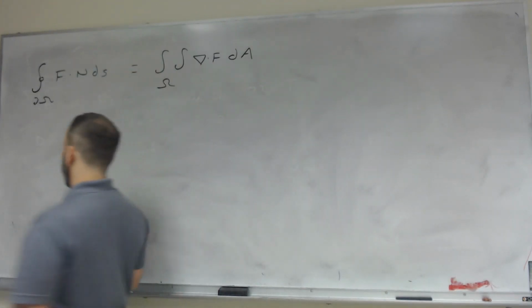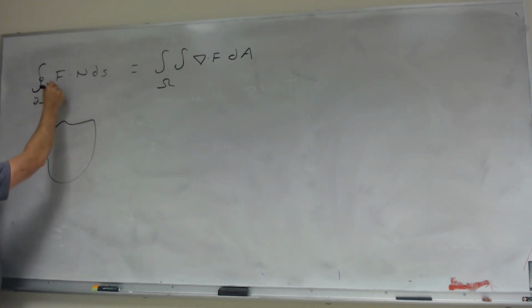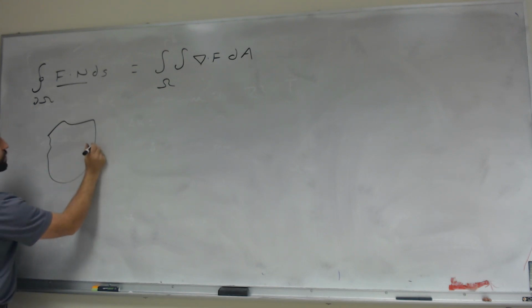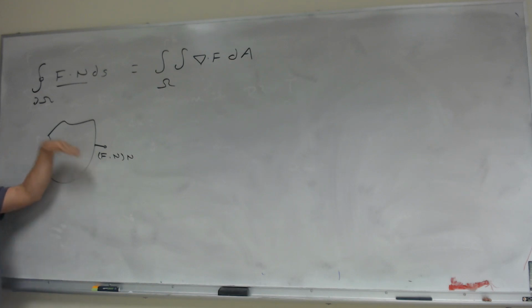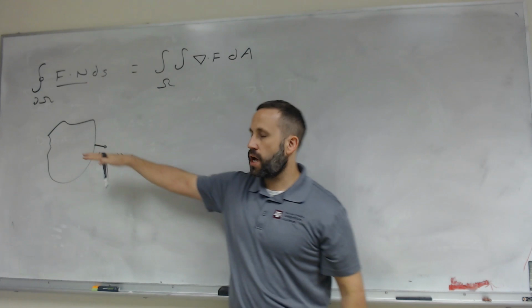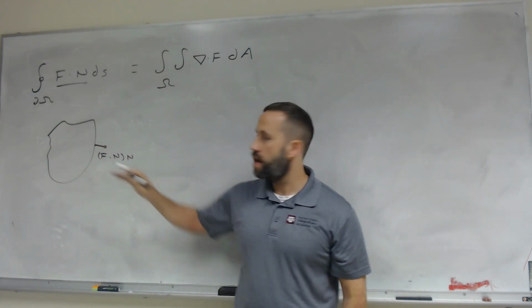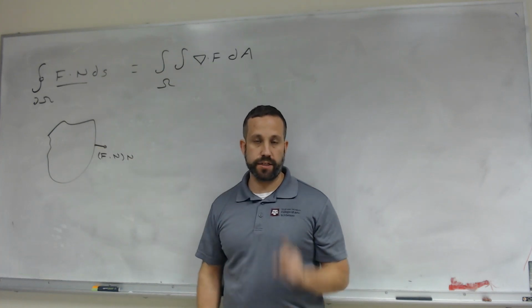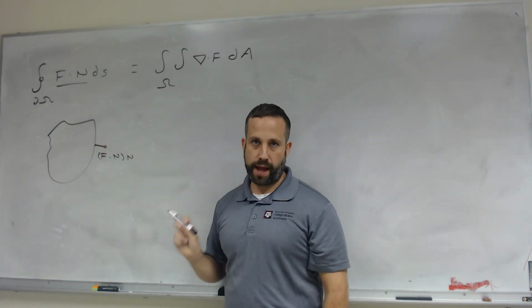Because what's happening here, as we mentioned before, if f is flux, f dotted with n times n is the component of flux that is perpendicular to the boundary. And so that is the component of flux that is bringing the quantity, whatever we're looking at, out of the domain. That's going to be important for the next problem.